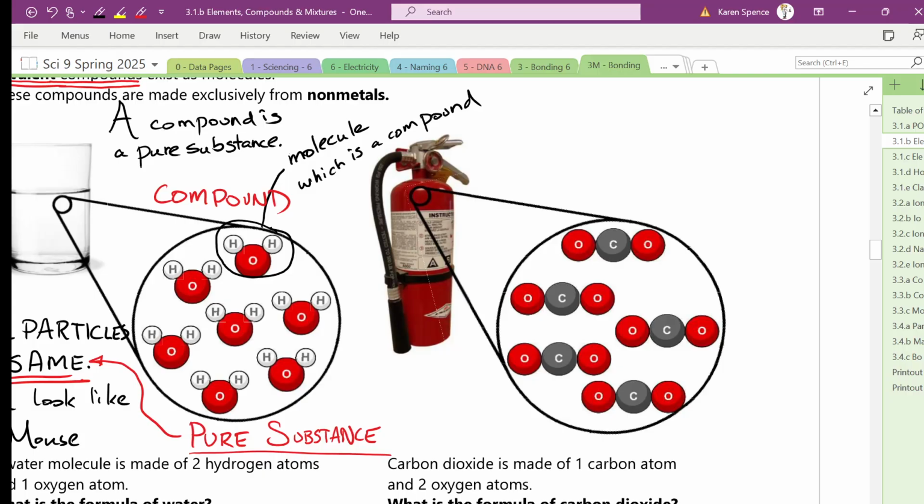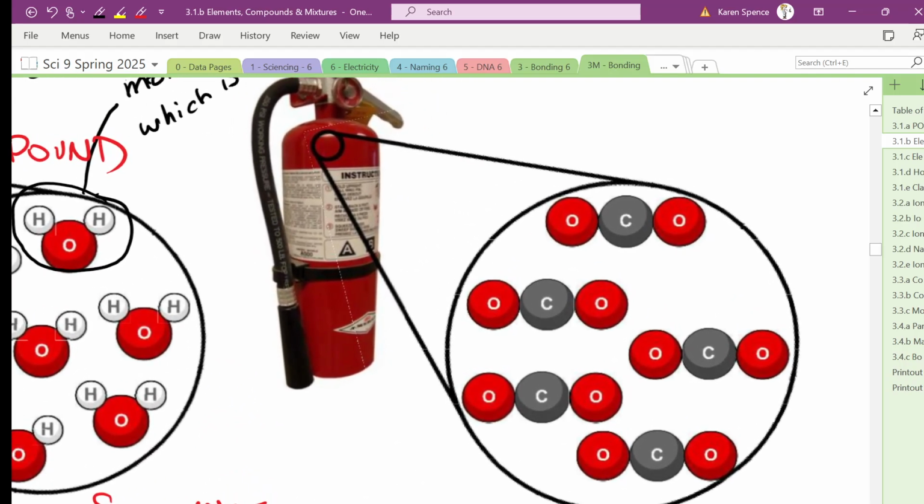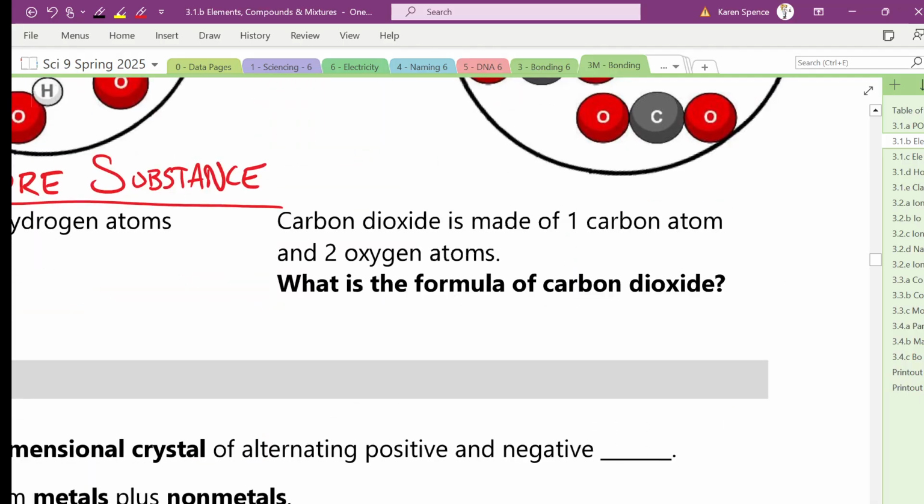Fire extinguishers. This is our fire extinguisher here. What substance is in that fire extinguisher? We have C and two O's. Can you guess what the name of that is? It is CO2, okay, because we have C and we have two O's.